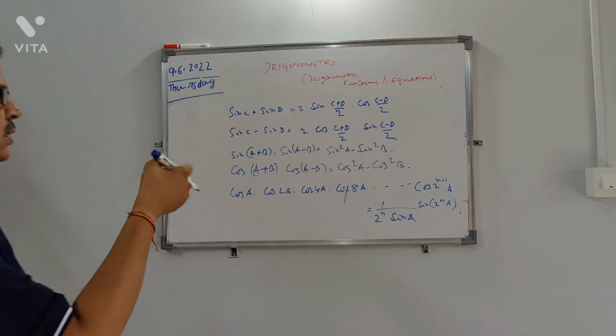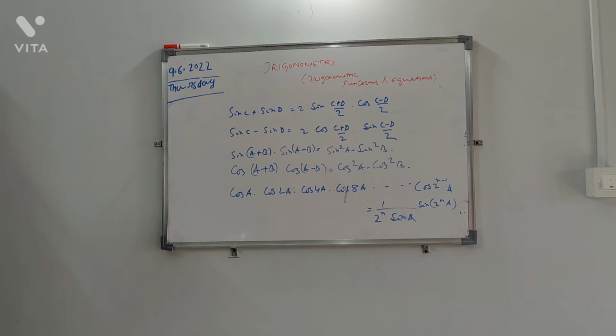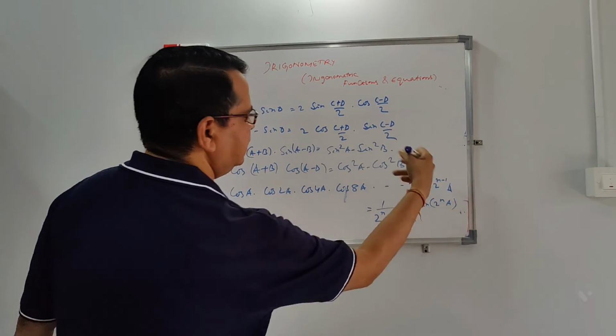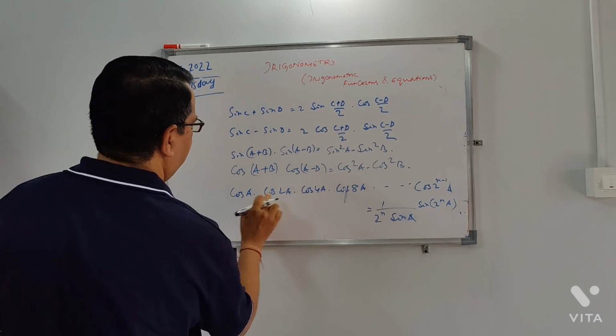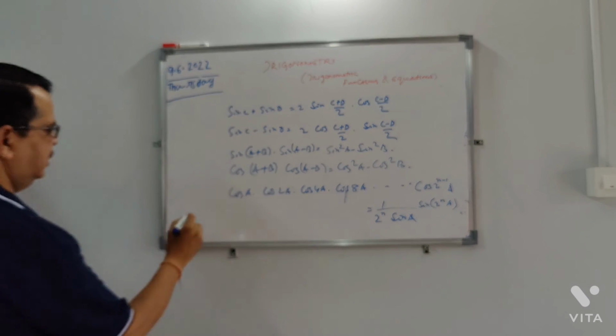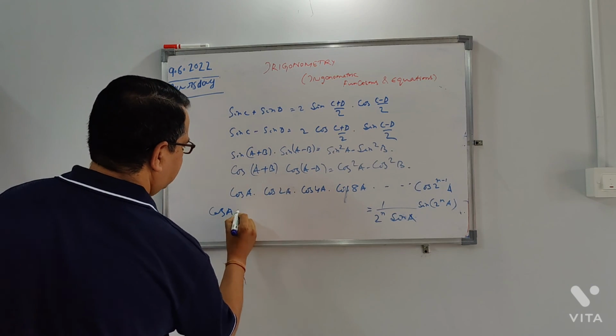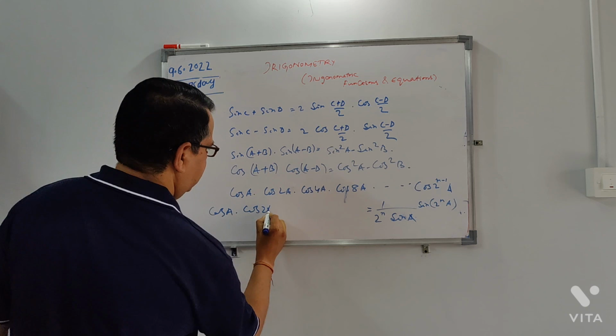So n is the number of terms, and the last term has 2 to the power n minus 1. Suppose somebody asks you for cos a into cos 2a into cos 4a.